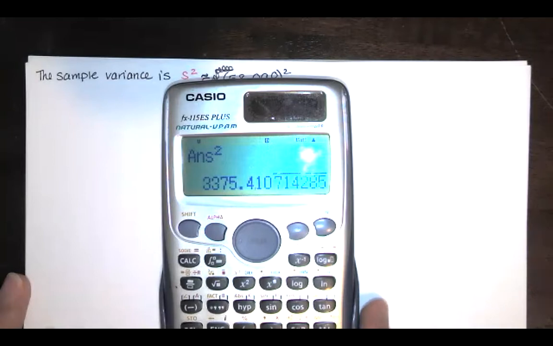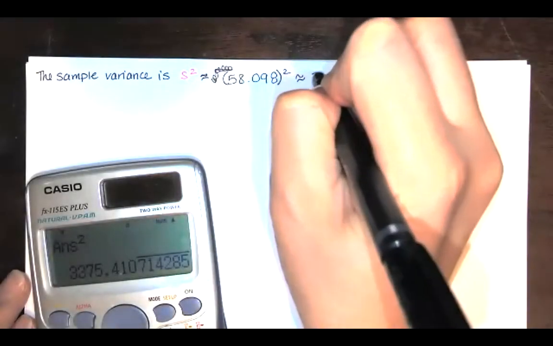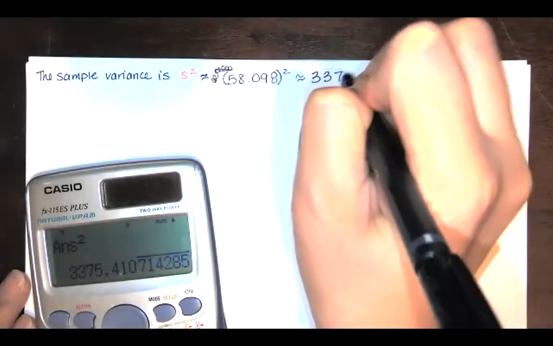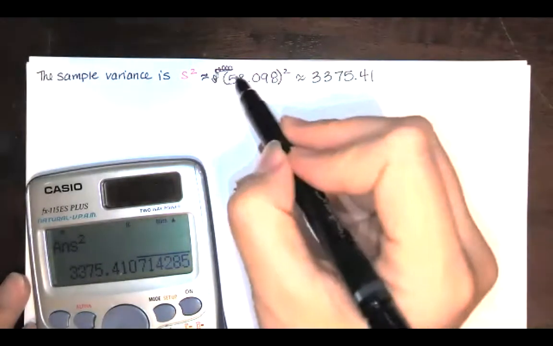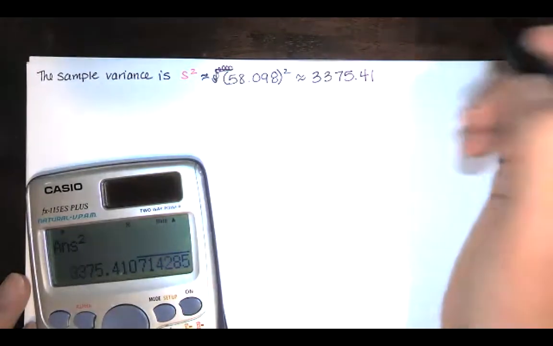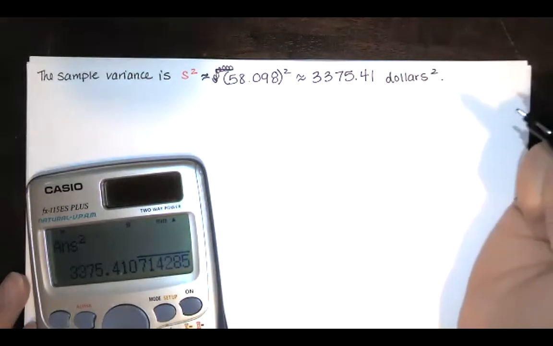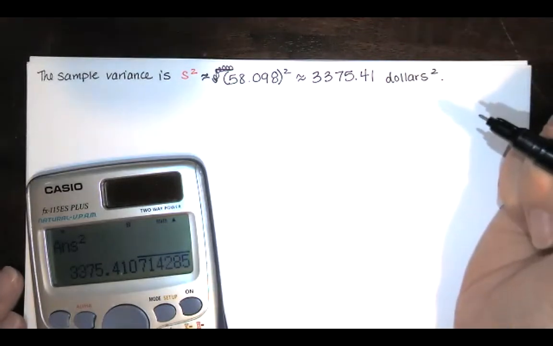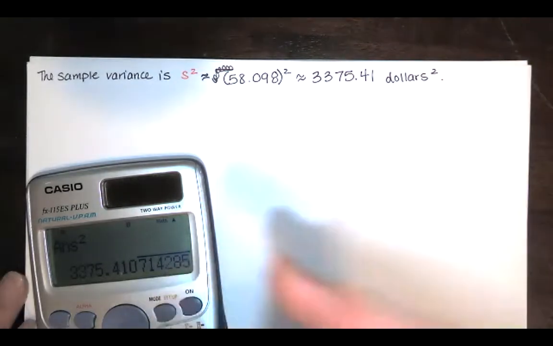And we get 3,375.41, approximately. Now these were dollars. And when you take dollars and you square them, you get dollars squared, which is a little unusual, which is why we don't really talk about variance much. We usually prefer sample standard deviation because it's in the same units as the actual values on our list.